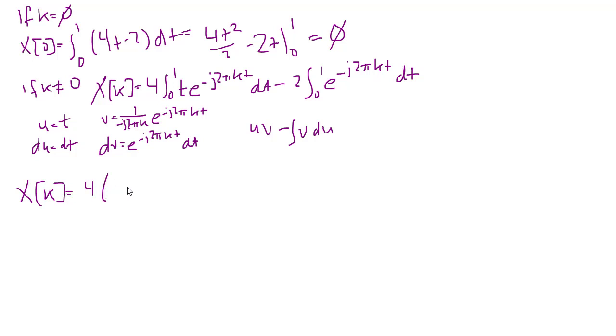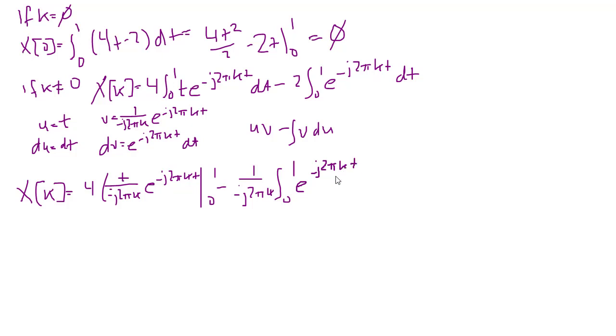So now X of k becomes 4 times the quantity t over negative j 2 pi k e to the negative j 2 pi kt evaluated from 0 to 1 minus 1 over negative j 2 pi k, the integral from 0 to 1 e to the negative j 2 pi kt dt, minus 2 times the integral from 0 to 1 e to the negative j 2 pi kt dt.